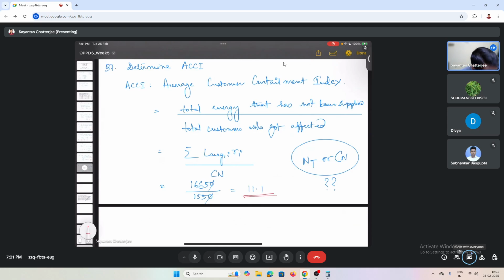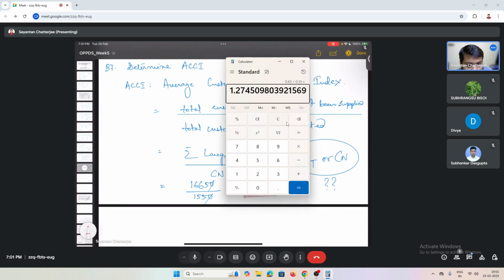Is it coming to 11.1? Let me use the calculator. It's coming to... Oh, okay. Yes, sorry.